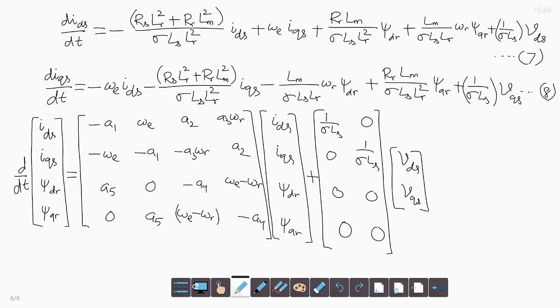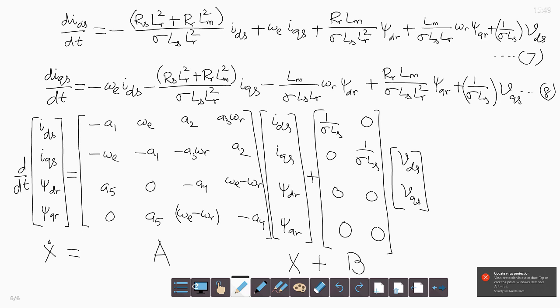So, this is the state equation: x dot equals system matrix A times x plus control matrix B times the control input U, because the 3 phase stator winding is applied with a 3 phase voltage which is made equivalent to this vds and vqs. So, vds and vqs is the input vector and B is the control matrix.